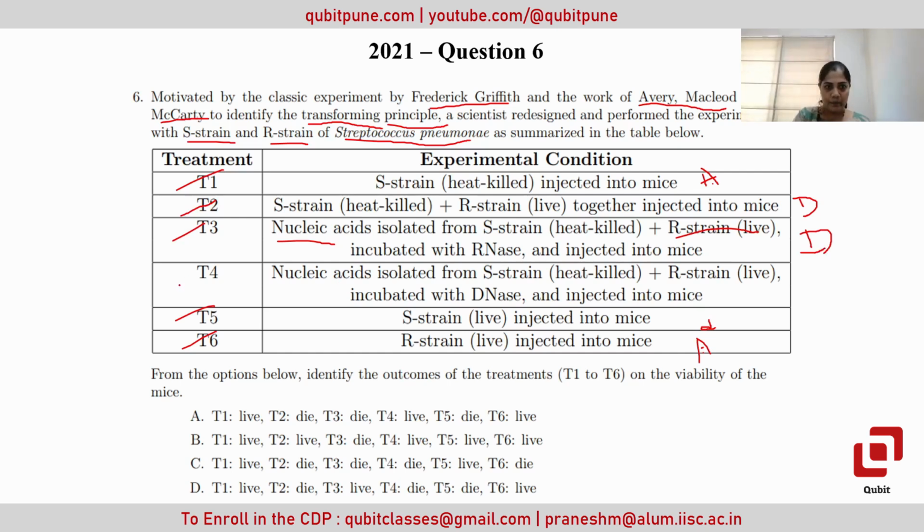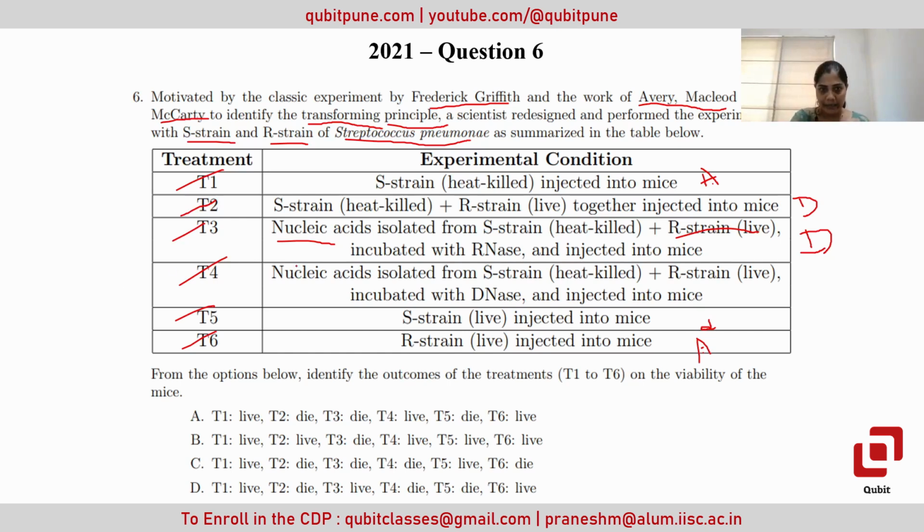And T4: the nucleic acid isolated from the S strain plus the live R strain is incubated with DNase. DNase can degrade the DNA. If external DNA is there and DNase treatment is given, that can shear the DNA.